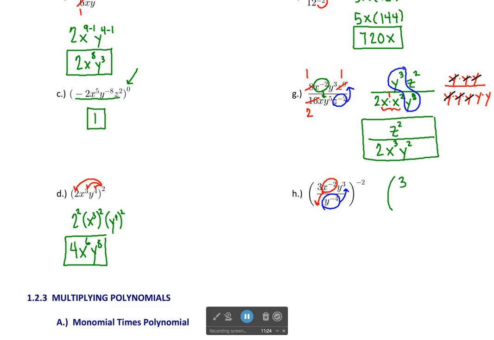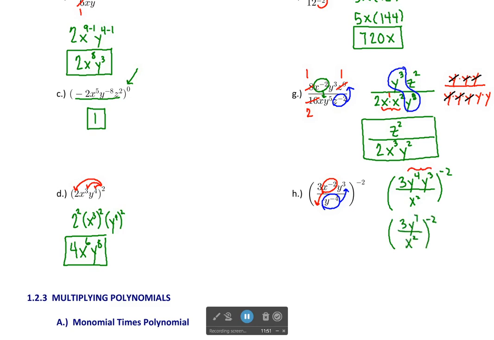So that's going to give us a 3 in the numerator, y to the 4th, there's already a y cubed that's up there, and x squared is moving downstairs. We still have this exponent negative 2 on the outside to deal with. But before we deal with that, let's go ahead and multiply these like bases by adding exponents. So we'll have 3y to the 7th over x squared.